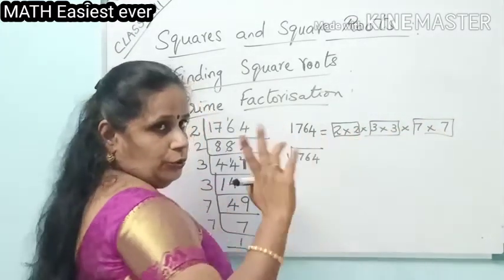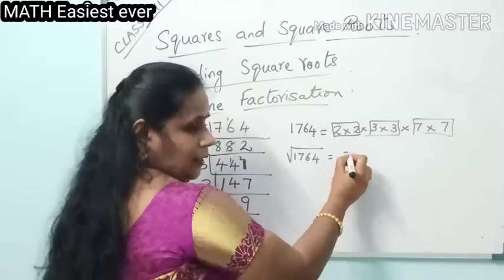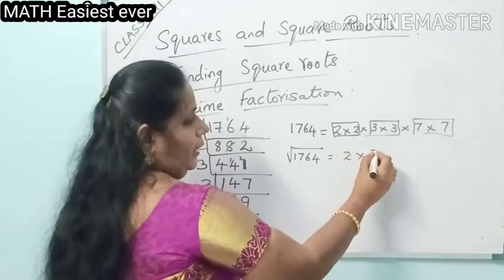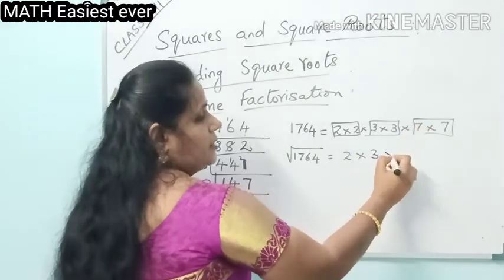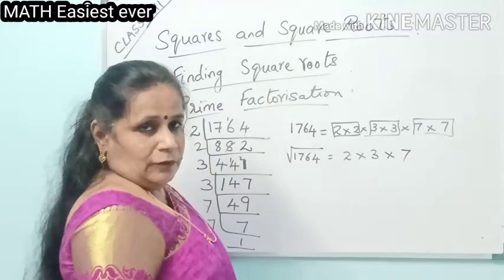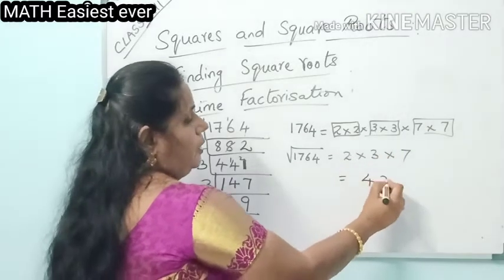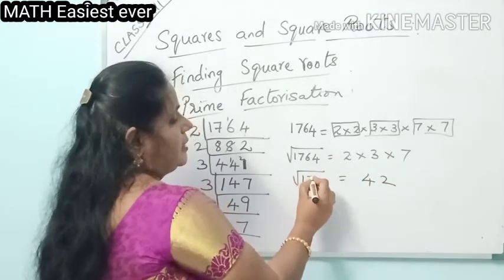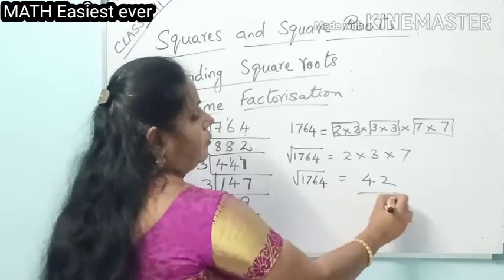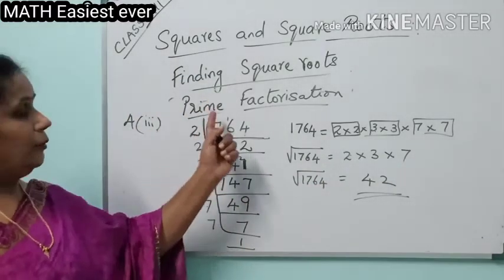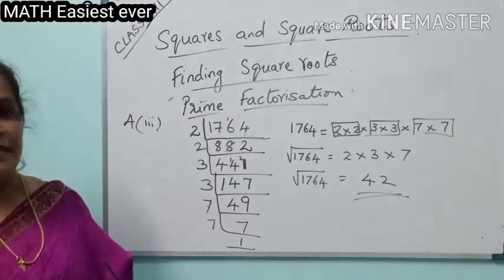From these 2 2's, you take 1 2 here. From these 2 3's, you take 1 3. And from 2 7's, you take 1 7. Okay. So 2 3's are 6. 6 7's are 42. So your square root of 1764 is 42.